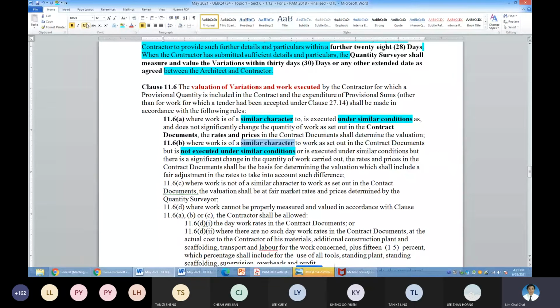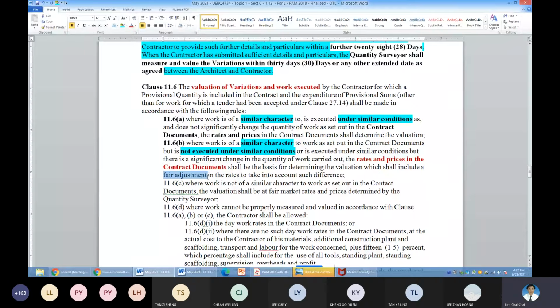So what rate to use? You use the rate in the document as a base, plus adjustment for the difference in condition. A fair adjustment in the rates to take account of the difference in condition.